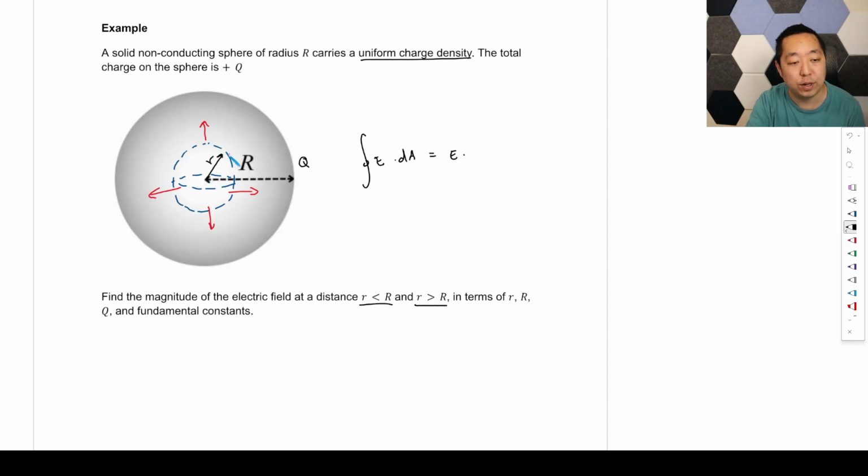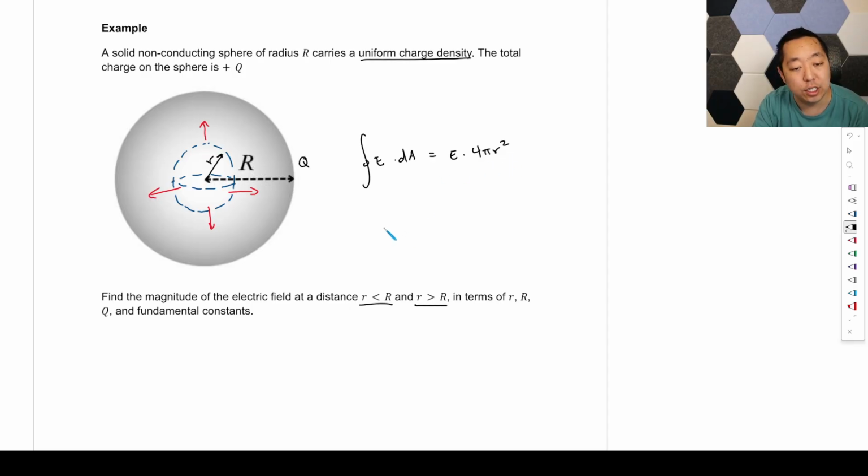We're going to make that sphere radius little r. And so that area is going to be 4 pi r squared, which is the surface area of a sphere, because the electric field is going to be the same magnitude radially outward by symmetry, right? Because for a sphere, you can rotate it in all these directions, still the exact same sphere. If I rotate it, it's not like I've actually changed it because it has that symmetry. I rotate it, but it still looks like the same sphere, right?